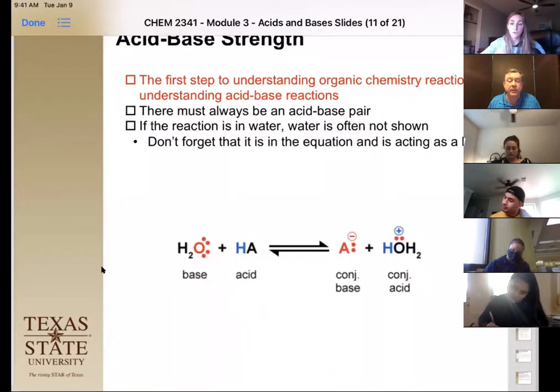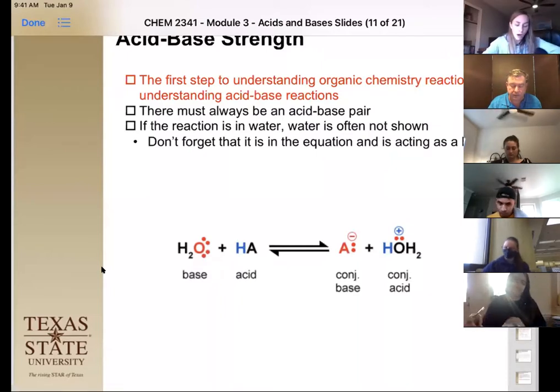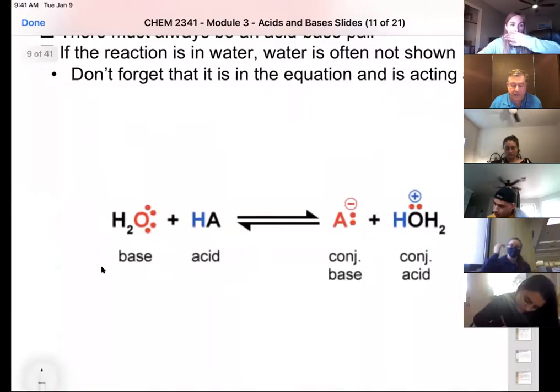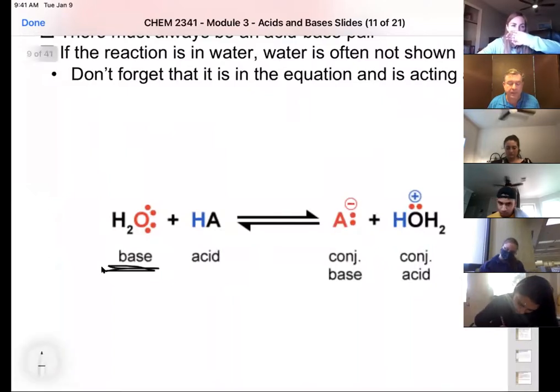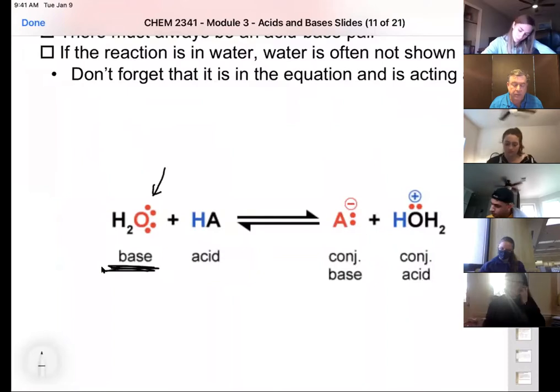In this case, we're going to look at a Bronsted-Lowry acid, but it also follows our Lewis acid-base rules in the comparison here. This is our Bronsted-Lowry base because it's going to accept a proton, and it also has two lone pairs, so it's also a Lewis base.